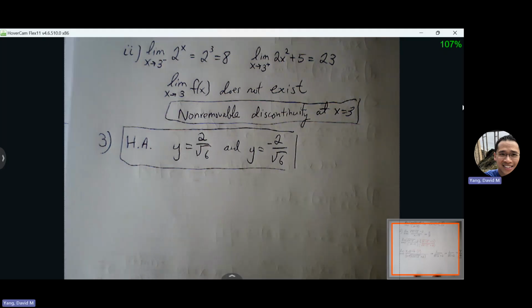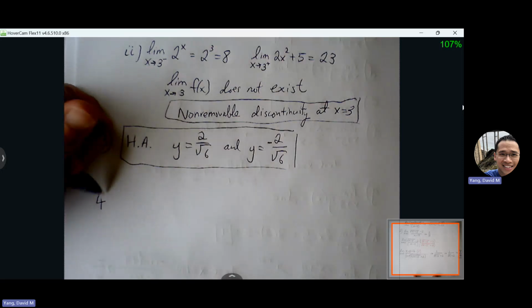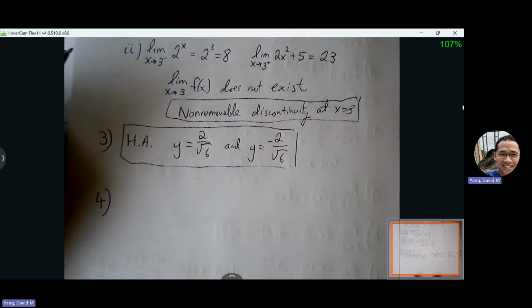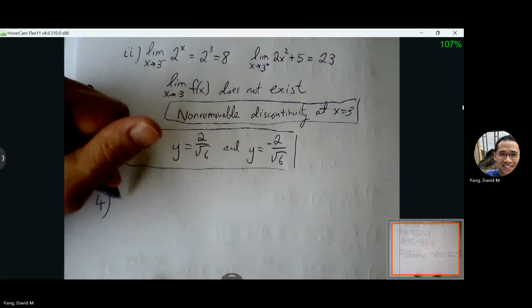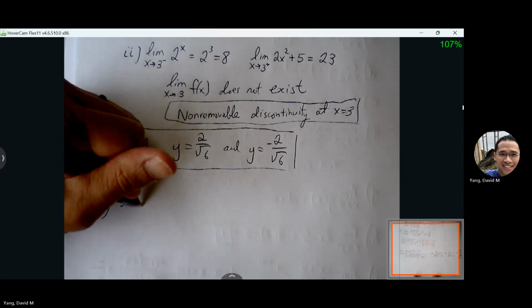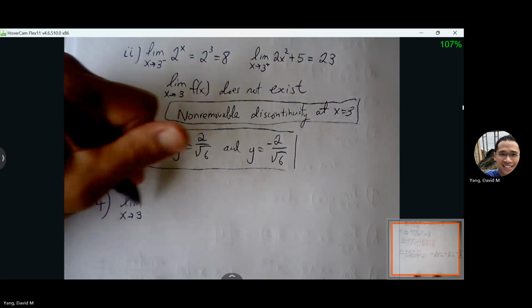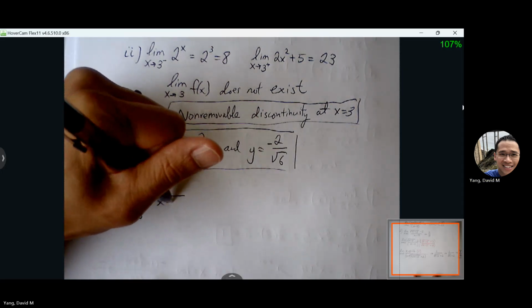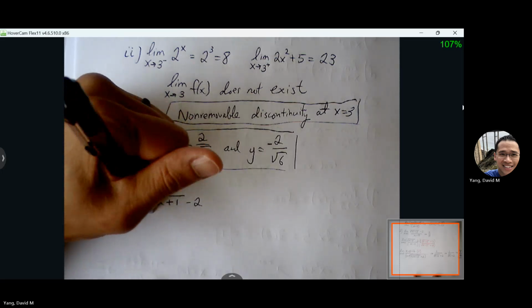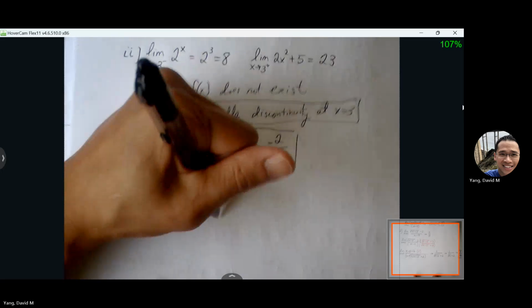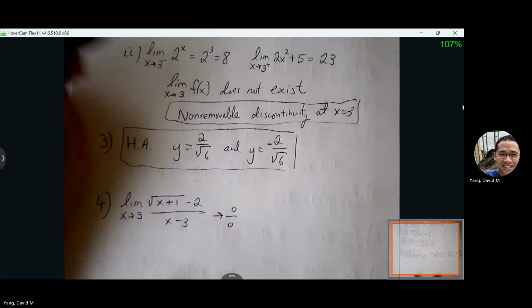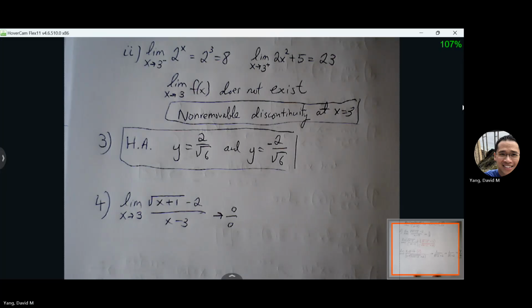Okay, last one for today. Try number 4. Number 4 should feel like a quiz problem. If they're not the same, then it'll either just be 0 or there wouldn't be a horizontal asymptote.